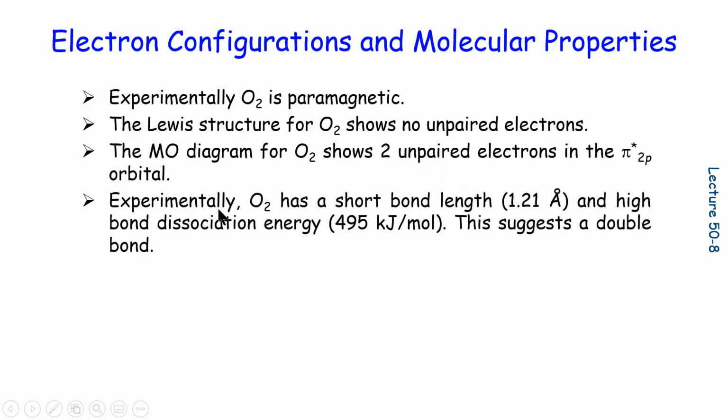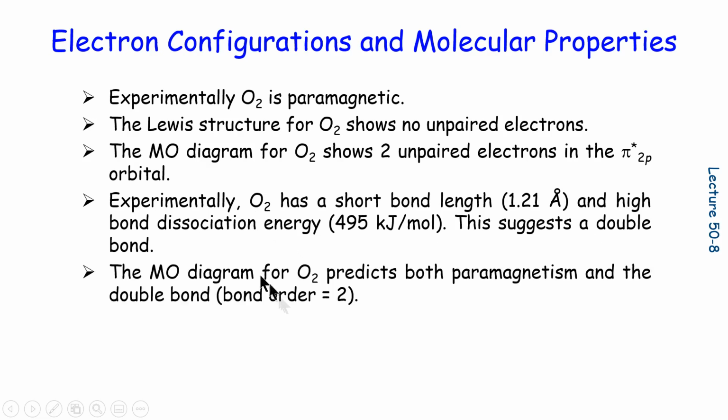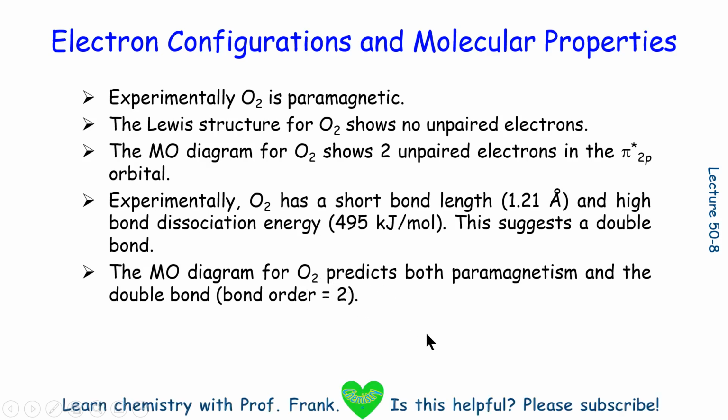And experimental results confirmed O2 has a short bond length and higher bond energy. That means you have a double bond in the O2 molecule. And of course, using molecular orbital theory, we can easily calculate the bond order for the O2 molecule. That's 2. We already did that in the previous slide.